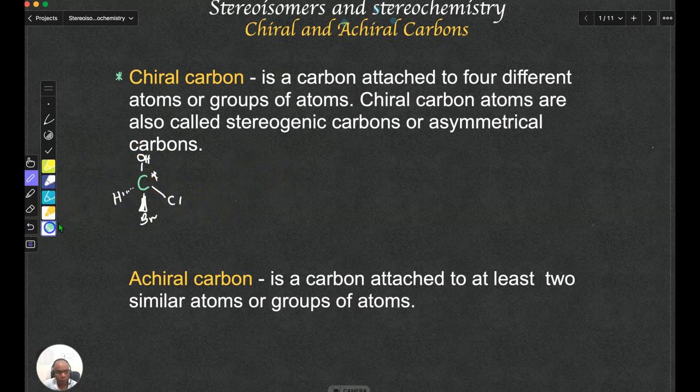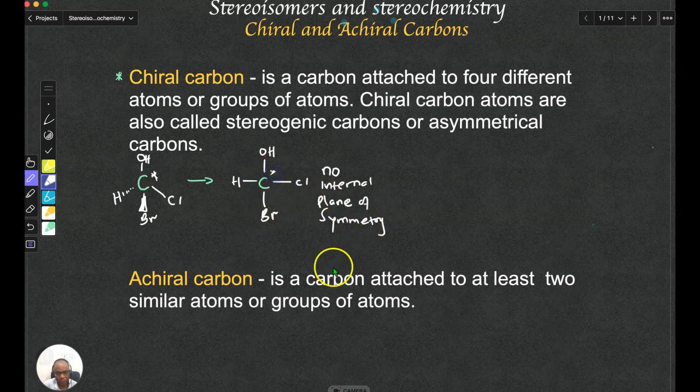Simply drawn, one would have drawn this carbon like this, without showing the angles, just like Lewis will draw without showing the dashes and wedges. You'll see there's no way you can carry it into equal half. So we say no internal plane of symmetry. So focusing on that carbon, there's no way you can carry it into equal half. This carbon is said to be chiral.